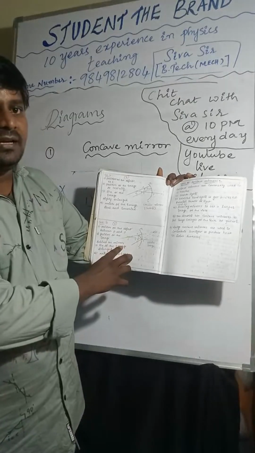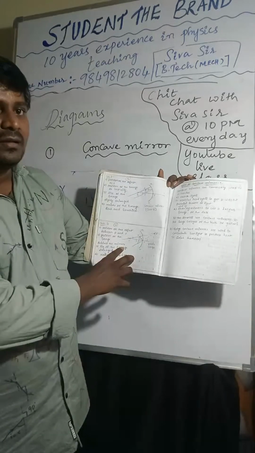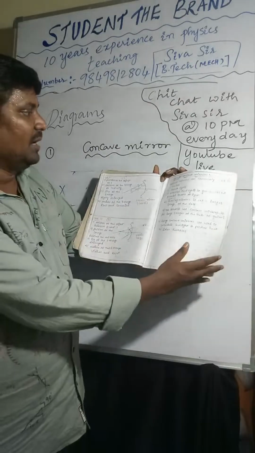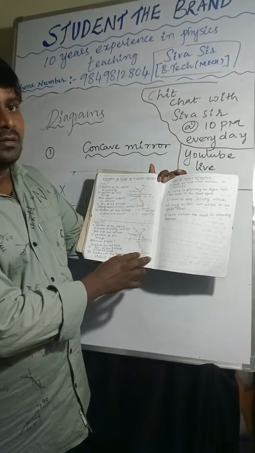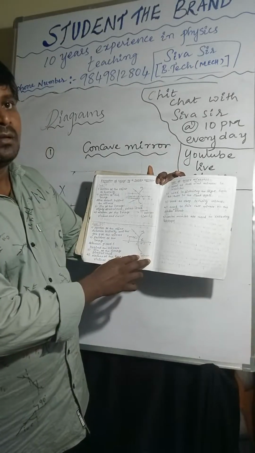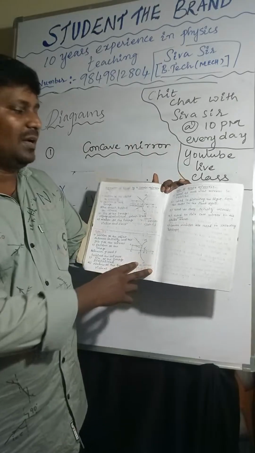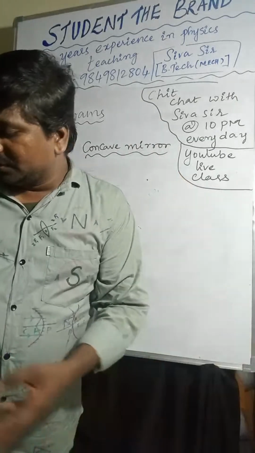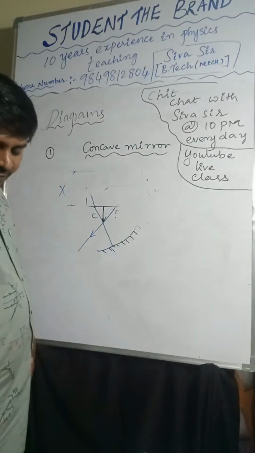It's very clear and neat, right? And here also. So like that way we have to draw the diagrams, each and every point. Even for lenses I did the diagram. If you follow like that, it is good.